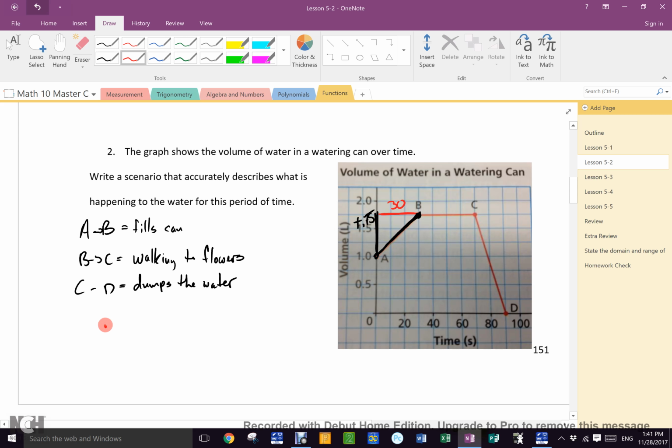So that is saying I am doing 0.75 of a liter per 30 seconds. That is what we call a rate of change. Or, as you guys know it in regular language, a speed.